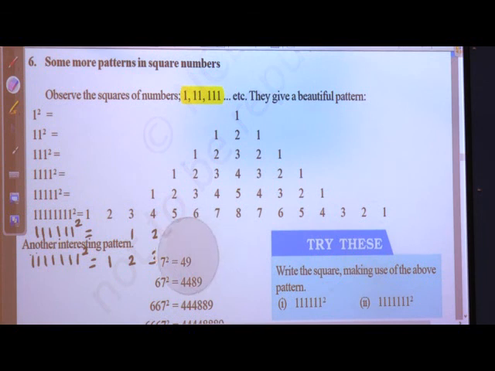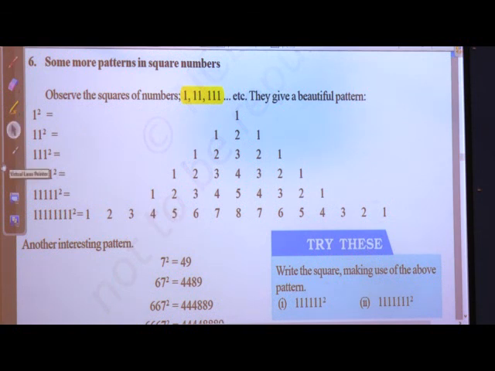Let us move ahead to the next interesting pattern that has been explained to us. What is that? Let us see.